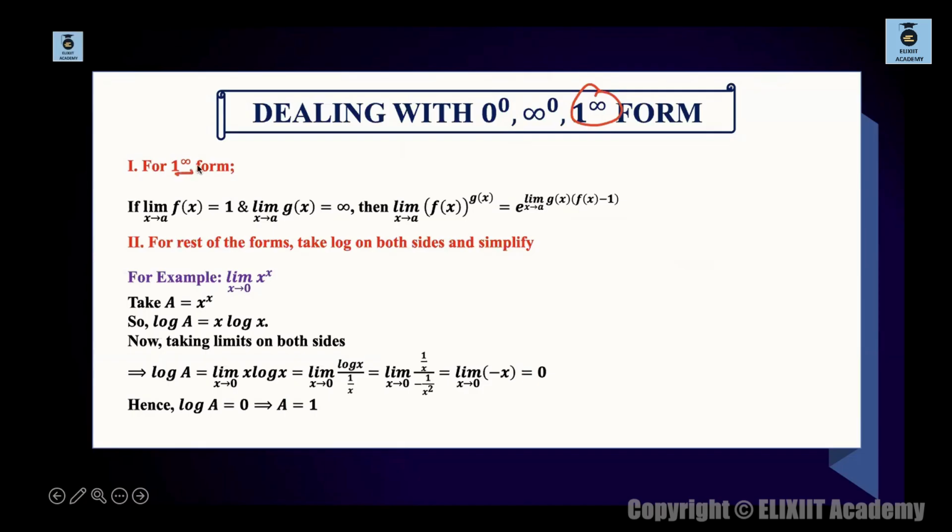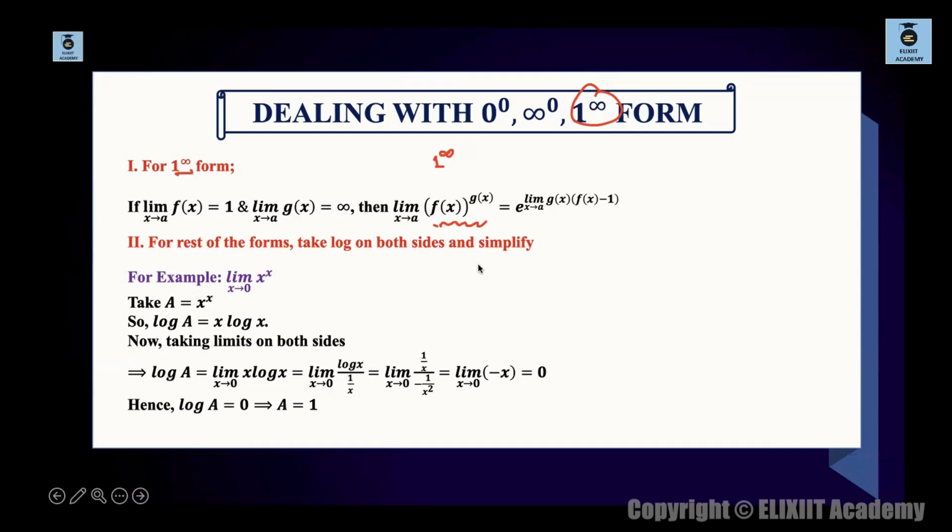For 1 raised to the power of infinity, we have a direct formula. These are quite common things, and you will find this in most of the books. If after plugging in the limits you see the form is 1 raised to the power of infinity, I hope you know that for limit questions we always check the form first.